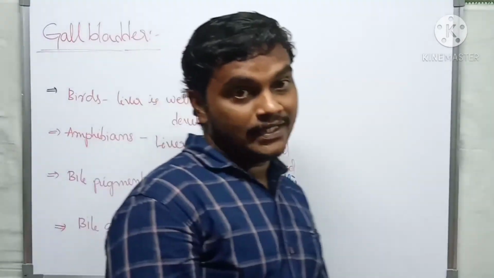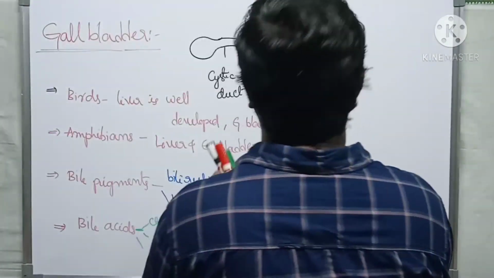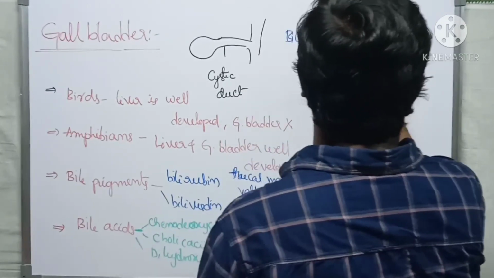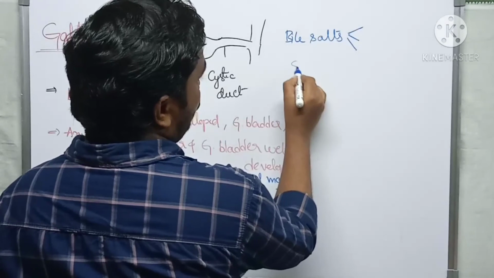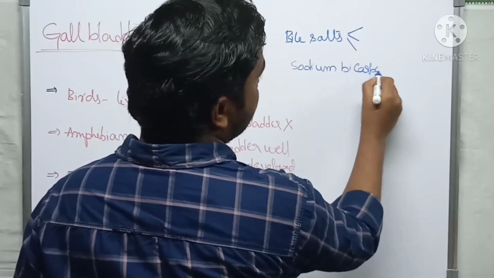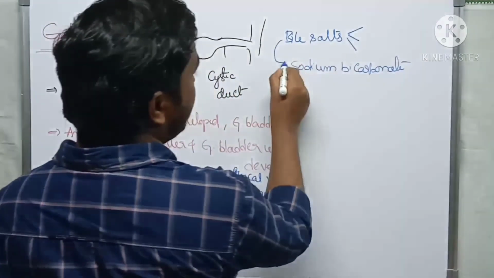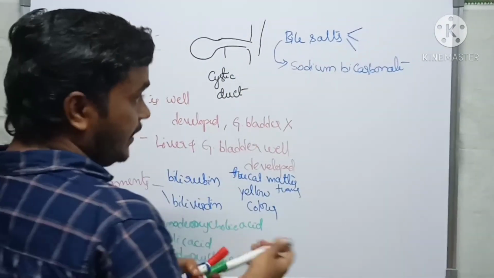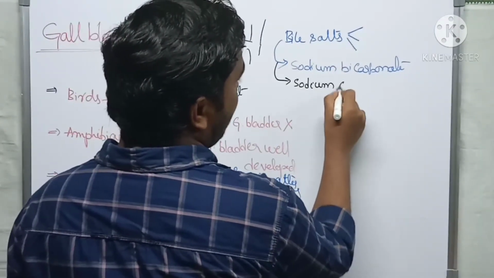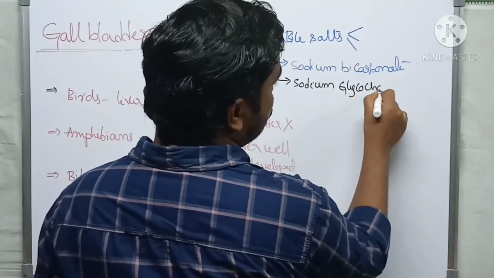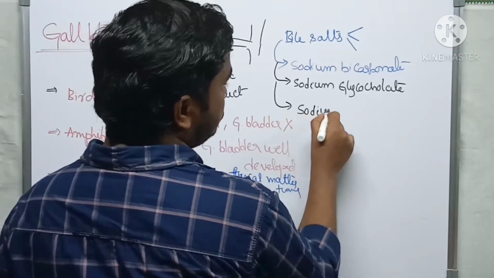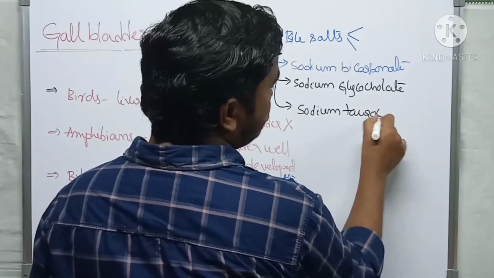Now we will see bile salts. Bile salts are sodium bicarbonate, sodium glycocholate, then sodium taurocholate.